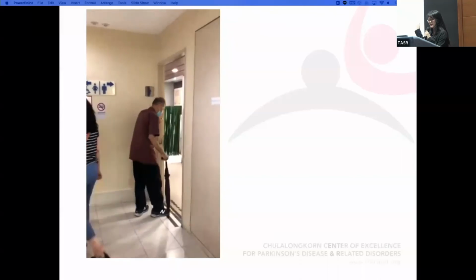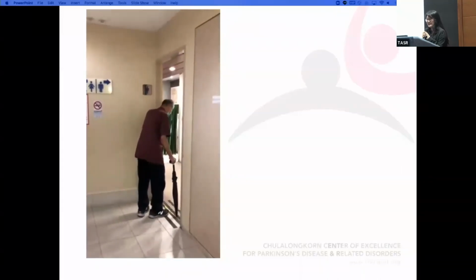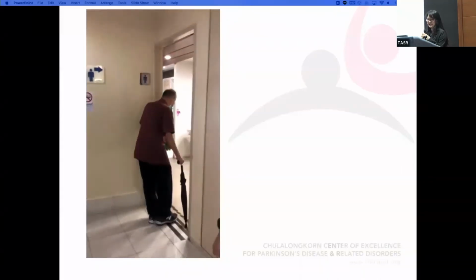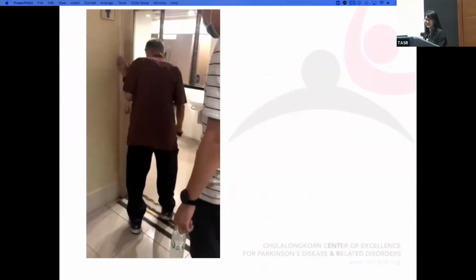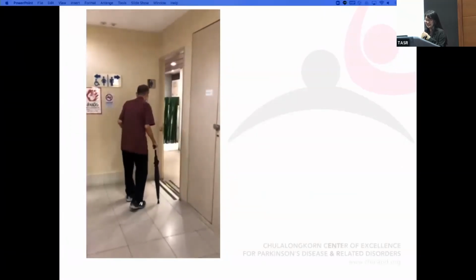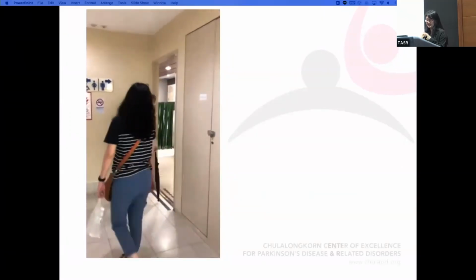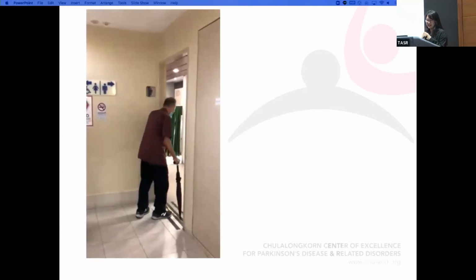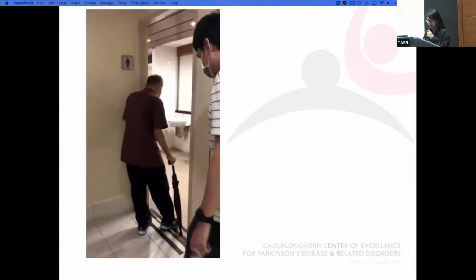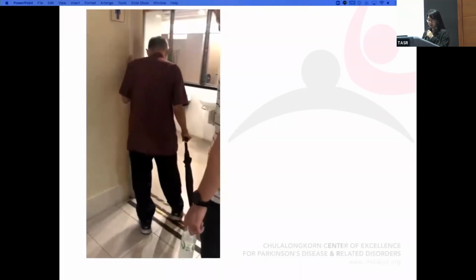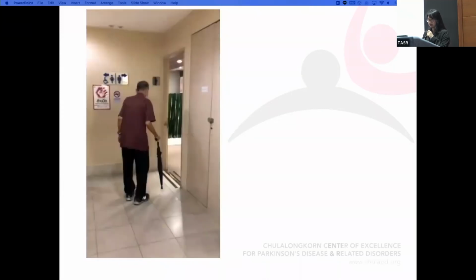When he tried to walk to the door, what happened? Narrow space and small steps, yes. Yes, that's correct. When he tried to pass the door, he had some target hesitations that induce a little bit of freezing of gait.